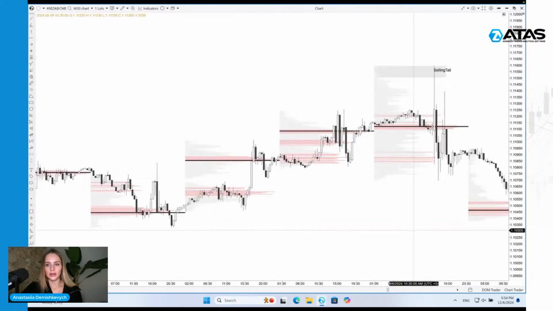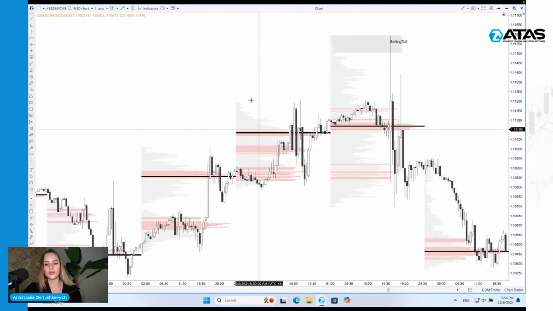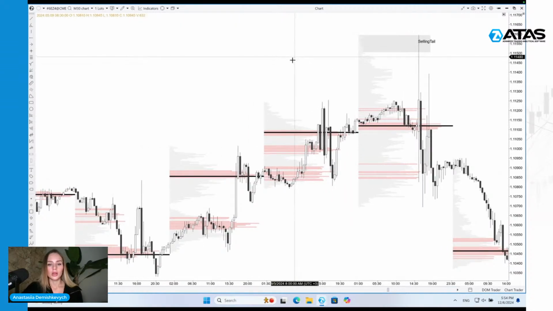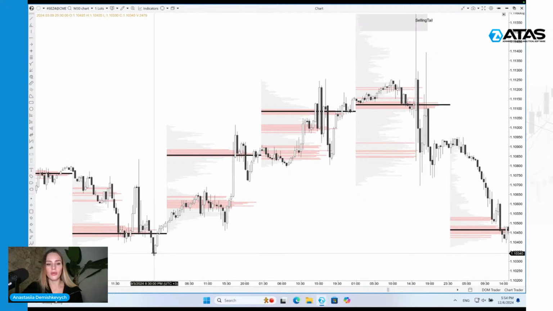For example, right here, where we had the selling tail, we can look for more examples in the end if you want. So what we see here is the price reversed and started to go up, and we see several high volume nodes created by the price. The first high volume node is right here.